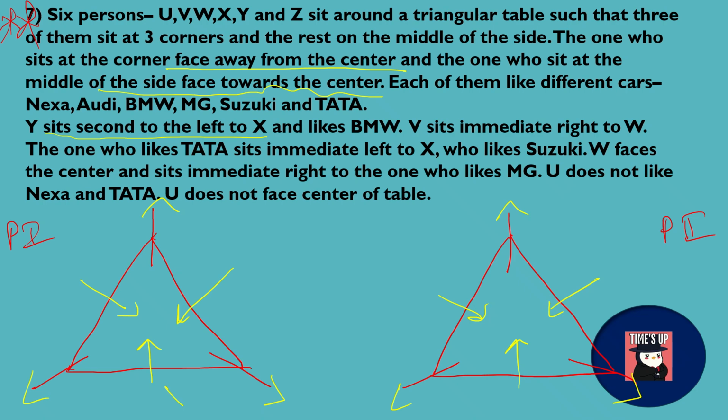So if I place X here, then Y sits second to the left of X. If X is facing north, then the left side will be here, so Y will be here, correct?